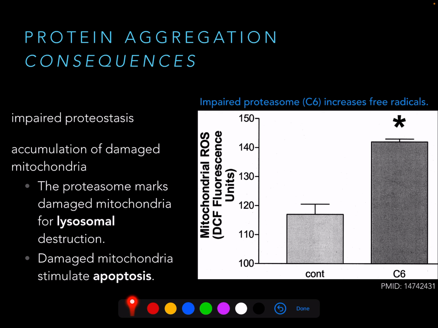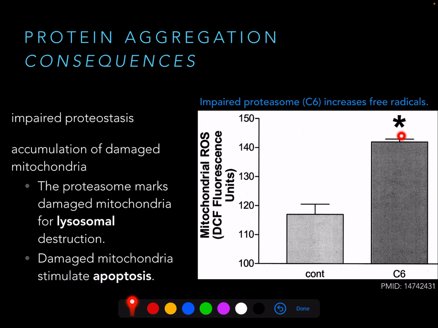So we have control and then impaired proteasome over here on the right. On the y-axis, we're looking at the amount of free radicals, reactive oxygen species. As we go up, there's more free radicals. So here's your control amount, impair the proteasome. Notice we have more free radicals floating around.